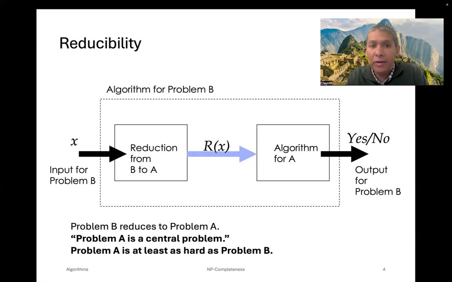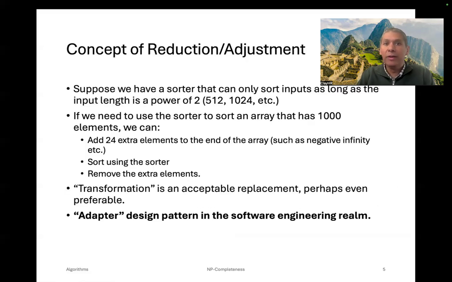When we look at this diagram, we see that problem B is outside and that the input for problem B, which in this case is X, is being reduced from B to A. We may think that problem B is larger here, but considering that the reduction itself does not take a disproportionate amount of time, the main conclusion is that problem A is the central problem, and it is at least as hard as problem B. So that's the concept of reduction.